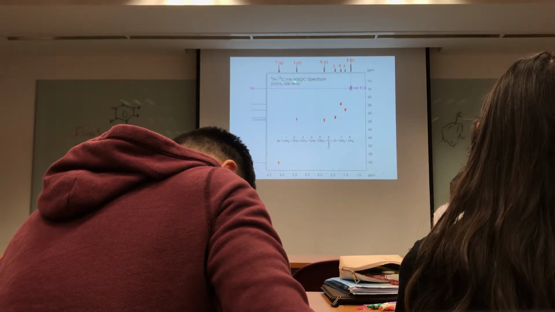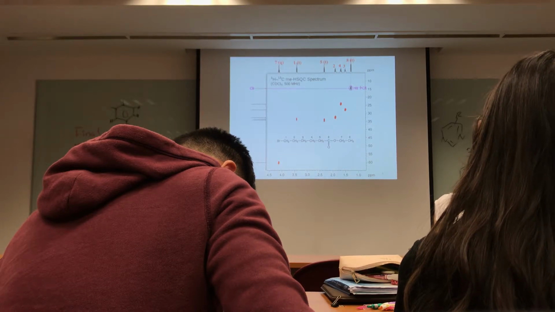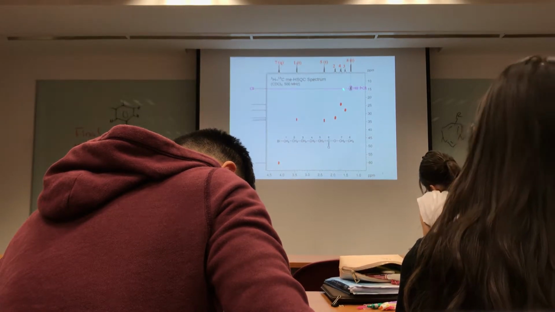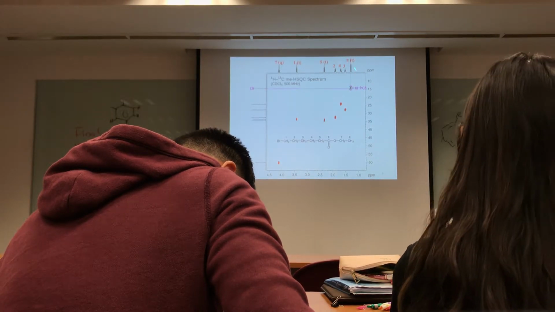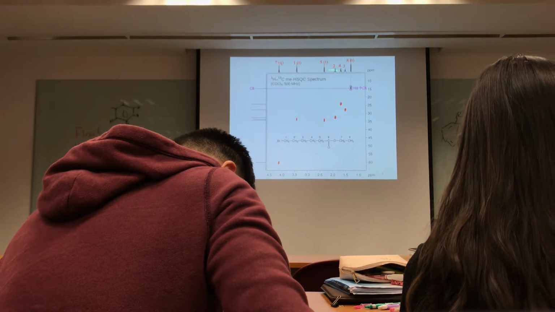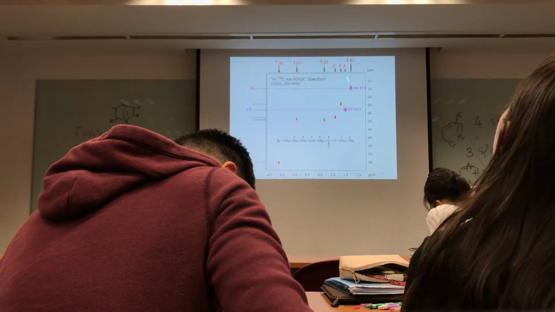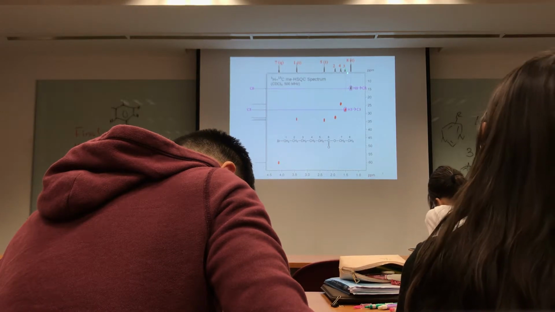HSQC and HMQC are the same. Here, this cross peak tells you this proton 8 corresponds to carbon 8. Now you see this proton is here, and this carbon is here. For this one, this is proton 3.